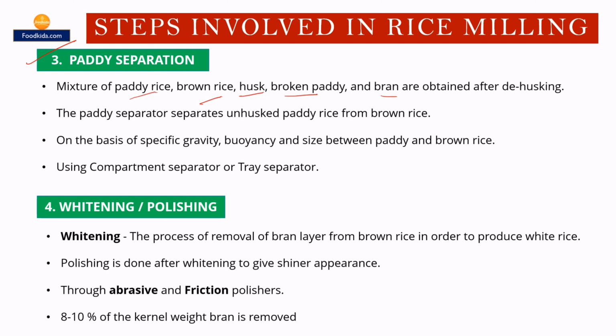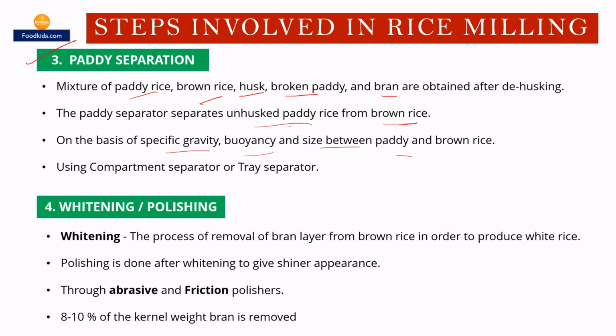Here unhusked paddy rice is separated from the brown rice, and this paddy separation works on the basis of specific gravity, buoyancy, and size between the paddy and the brown rice. Paddy rice has a lower specific gravity and higher buoyancy, and it is physically longer, bigger, and wider than the brown rice. So on this basis, separation is done.